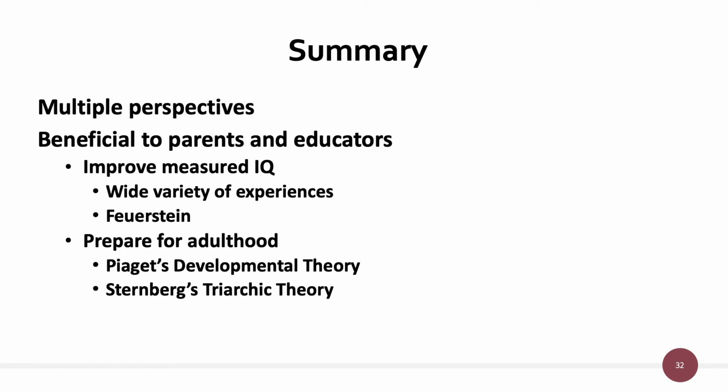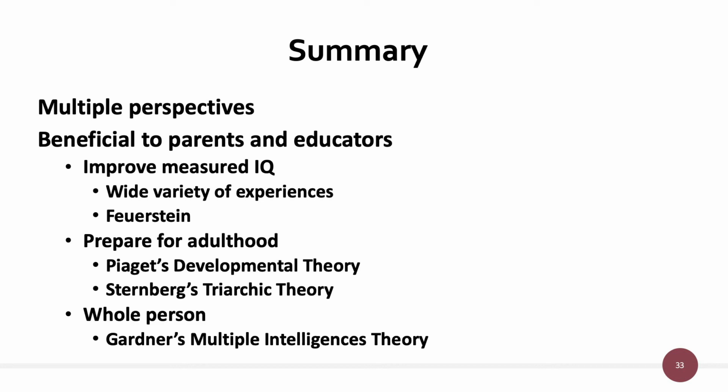If the desired outcome is preparing the young person for successful adulthood, the materials and procedures developed by Piagetian educators and Sternberg's triarchic theory might be most beneficial. And if the goal is the development of the potentials of the whole person, then the work completed by Gardner and his followers might be the more useful.